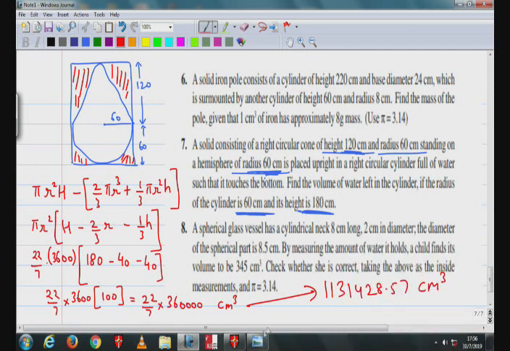This is in centimeter cube. You can convert this into meter cube by dividing it by 100 into 100 into 100, so it will be 1.131 meter cube. You can also give your answer like this in terms of meter cube. I hope all of you are getting it. Is it clear till now?